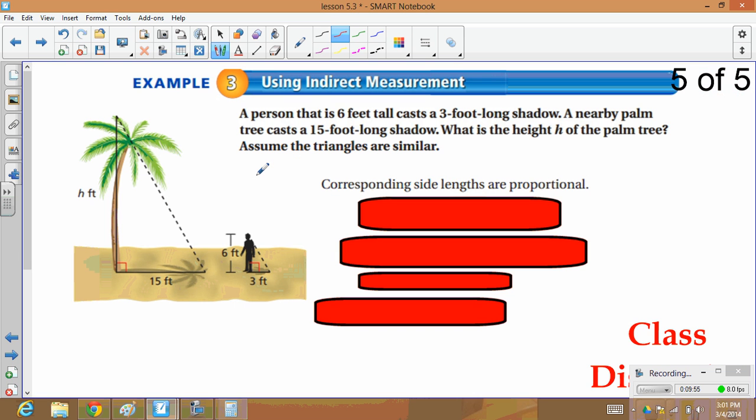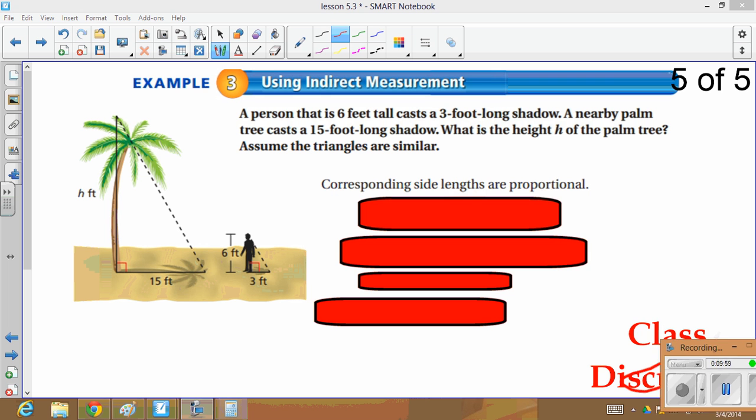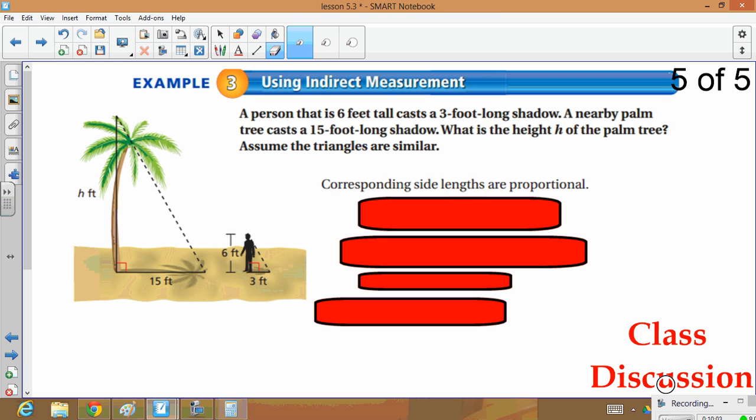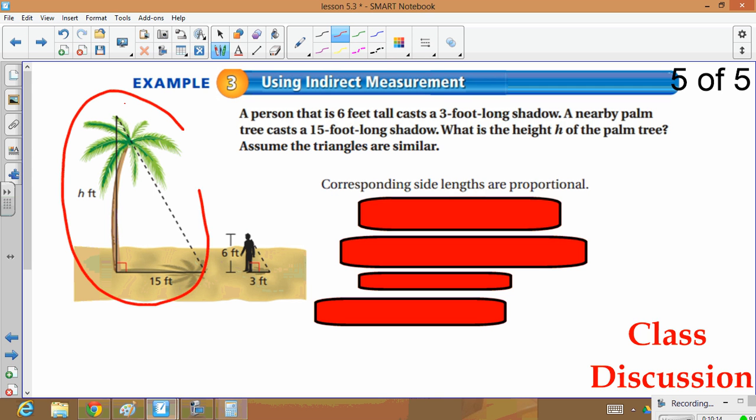And finally, here's slide number 10. What I'd like you to do here is not necessarily copy the word problem down. We're just going to read it. Draw yourself 2 triangles. Draw yourself triangle 1.